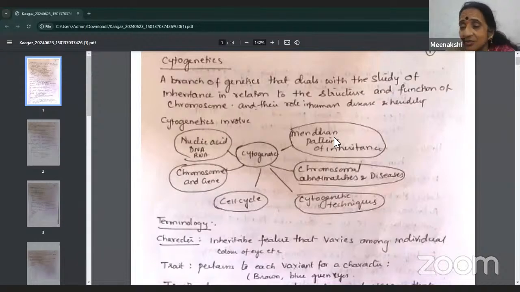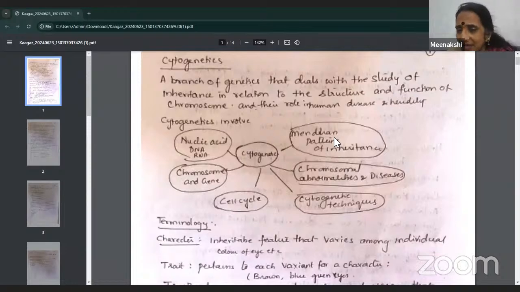For that deviation, we have also studied the monohybrid ratio and the deviations of the monohybrid ratio, that is codominance and incomplete dominance. And in the case of the dihybrid ratio, the modified dihybrid ratios are like duplicate genes, supplementary genes, complementary genes.